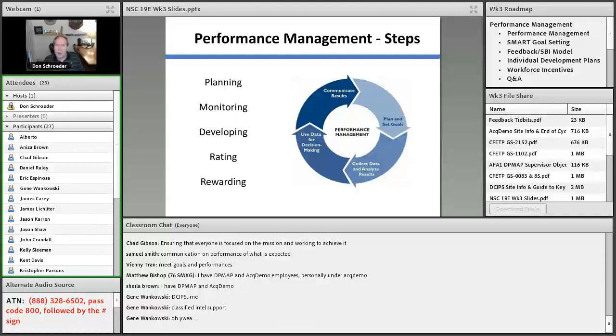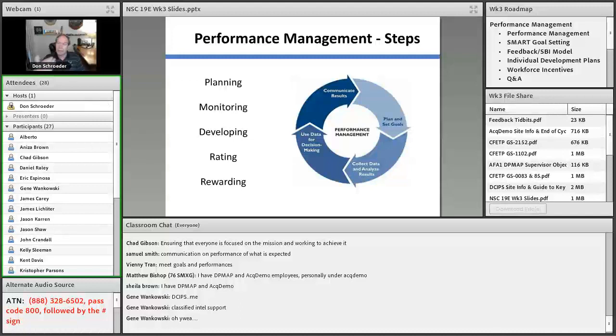We're always monitoring our people, whether formally or informally, through either documentation or just word of mouth. Hey, I saw you do this, whatever the case is. We're always developing our folks. Remember the thing in the file share, CDE, civilian developmental education.